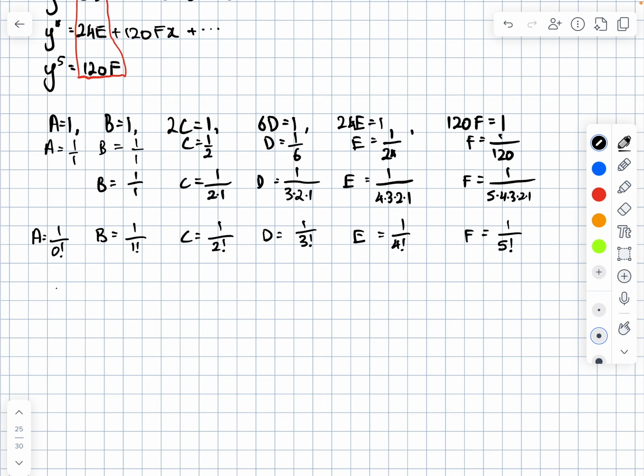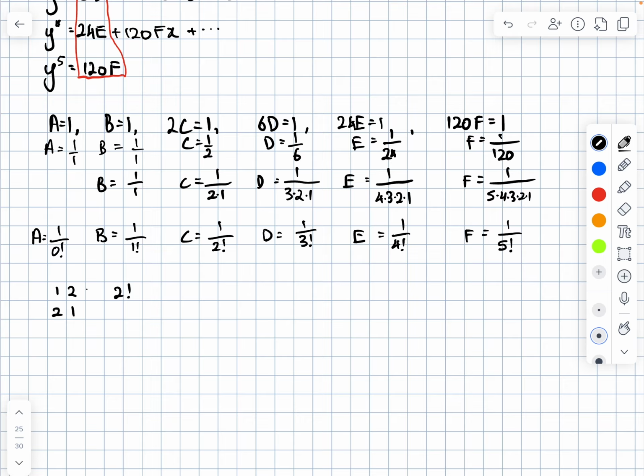0 factorial is a bit of an abstract idea because, well, with all the other ones you started at the number and you went down to 1, but at 0 you're already starting at 0. A factorial tells you how many ways a set can be written. For example, if you had two numbers, 1 and 2, you could write that as 1 and 2 or 2 and 1. So this is equivalent to 2 factorial, because there are two numbers.